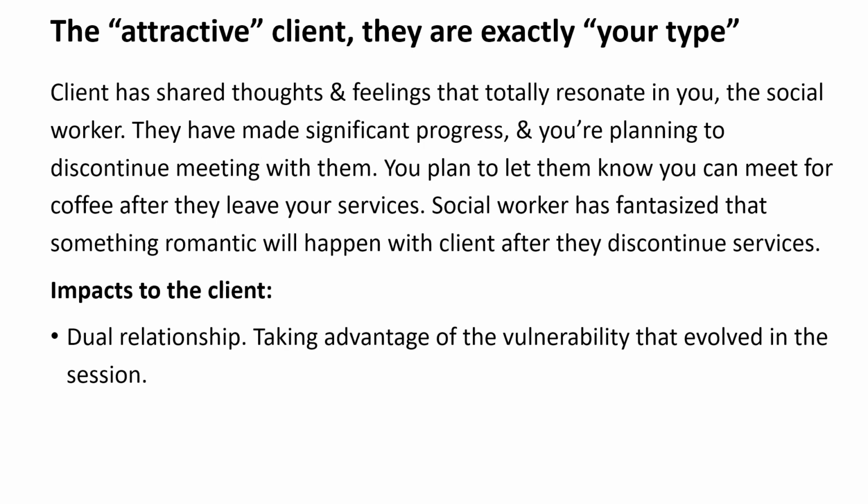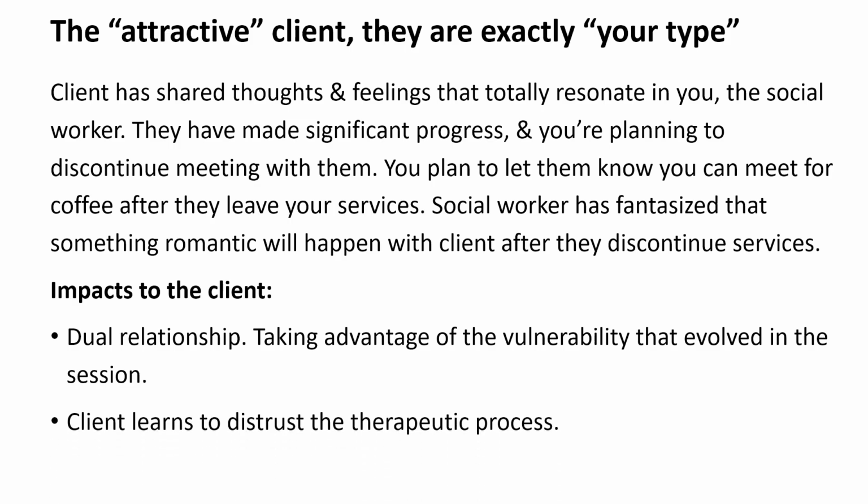And I have never known of any of these types of relationships to be successful. So it's important that we always go back to our values, our standards. And the client learns to distrust the therapeutic process, which is so important because they need ongoing support. They need ongoing care.